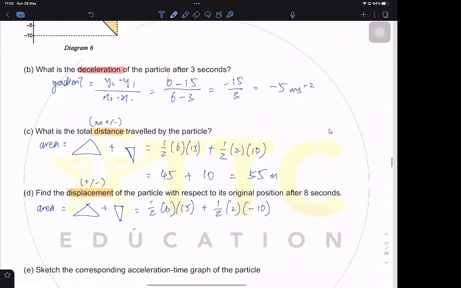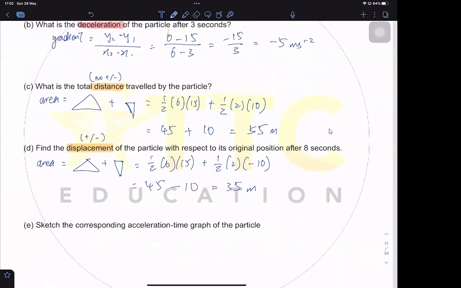So this equals 45 minus 10, which is 35 meters. So that's the difference between distance and displacement.